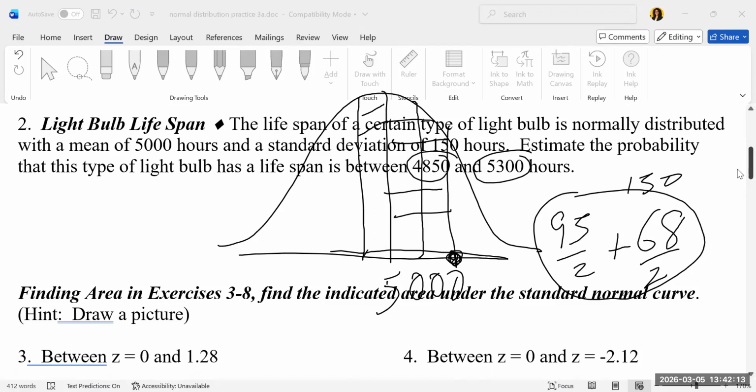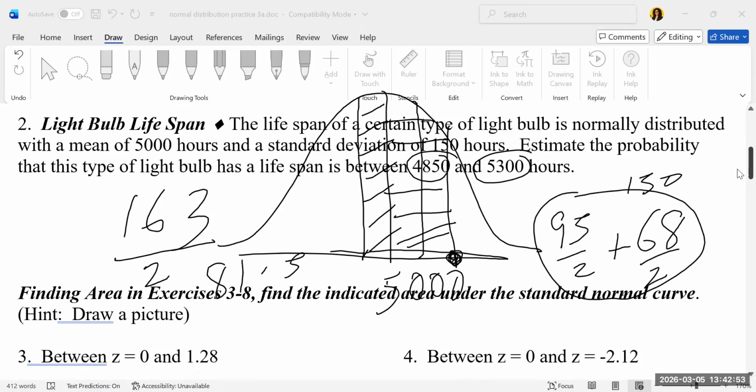From the mean to 1 standard deviation below the mean is 68 divided by 2. But this side is 2 standard deviations above the mean, which is 95 divided by 2. We add them up: 8 plus 5 is 13, 10 plus 6 is 16, so 163 divided by 2 is 81.5. So the total is 81.5.